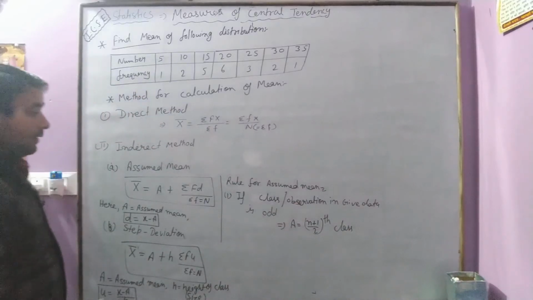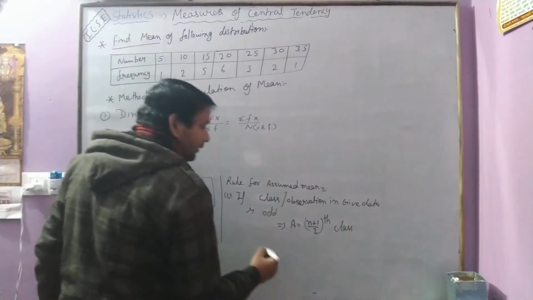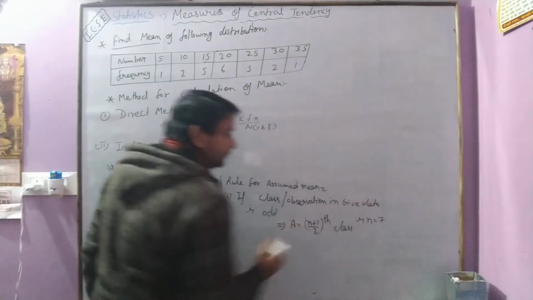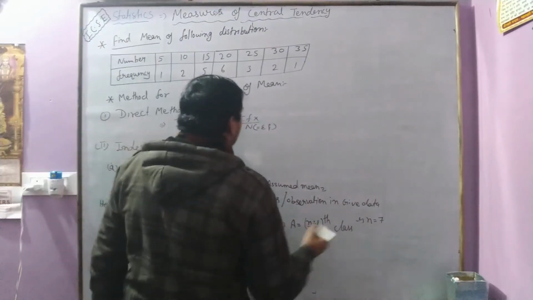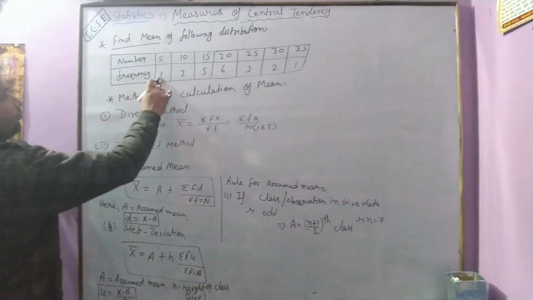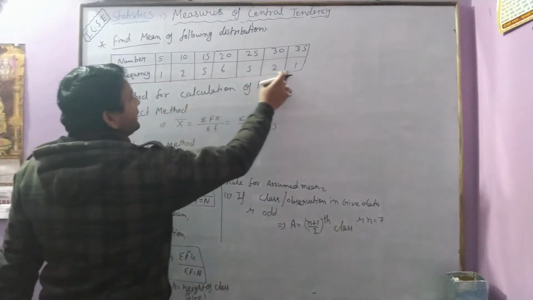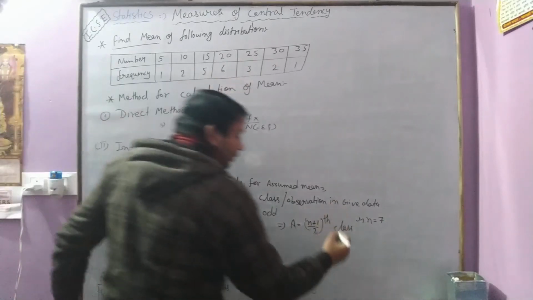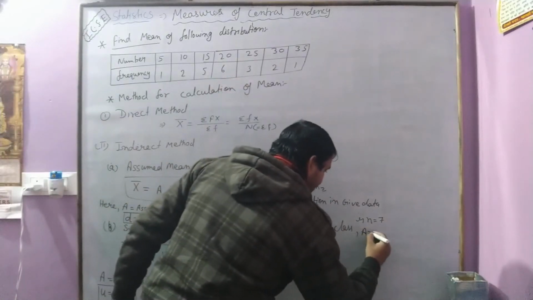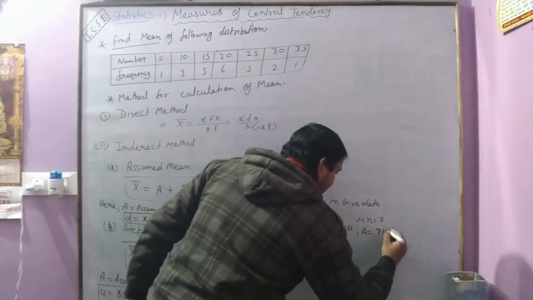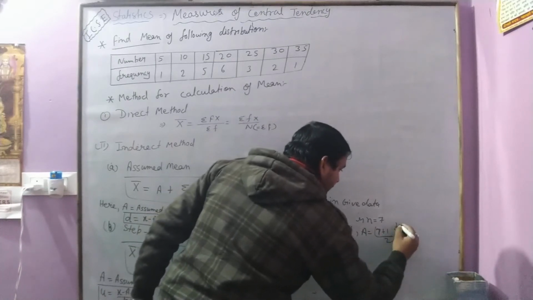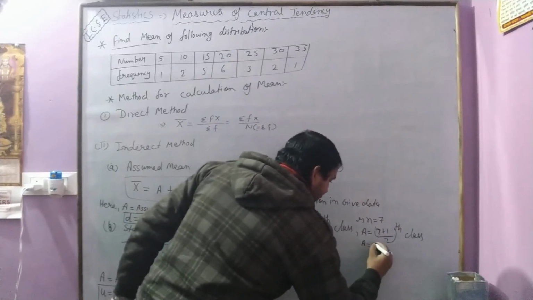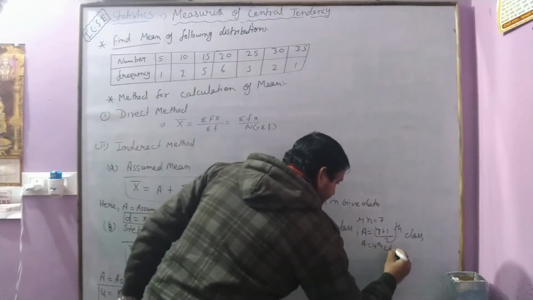Okay, and for example, if n is equal to 7, therefore as in our example 1 2 3 4 5 6 7, there are 7 classes, so assumed mean for this is (7 plus 1) by 2 class, that is a is equal to 4th class.